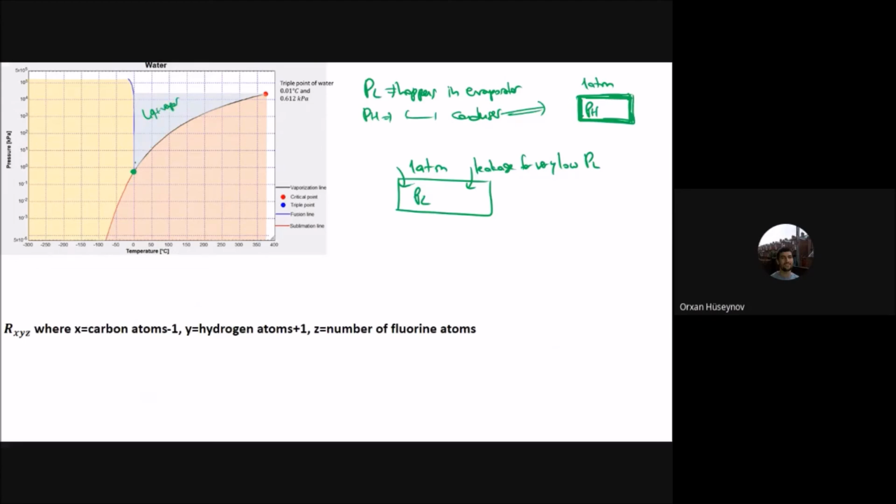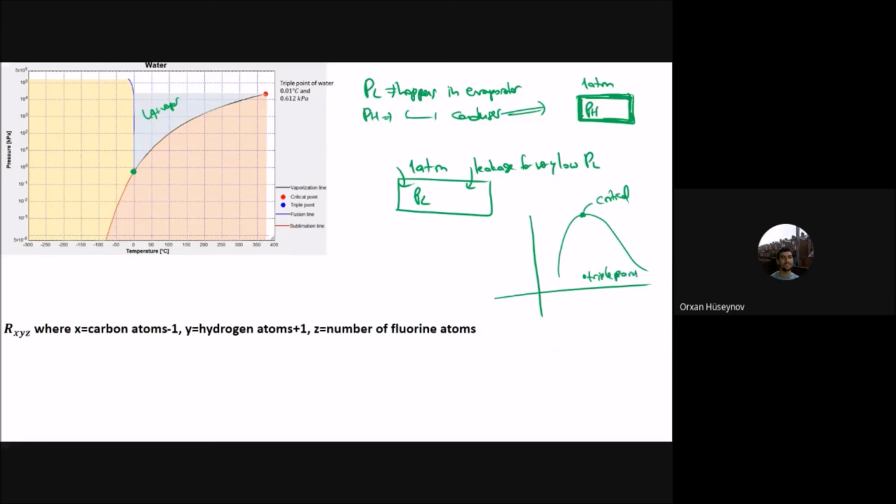The critical point is one extreme, and the triple point is the other extreme here. Okay, so let me just draw it for you. This is the vapor dome, and you have the maximum point as the critical one, and you have the minimum as the triple one.